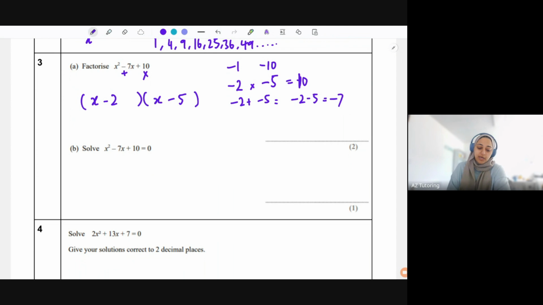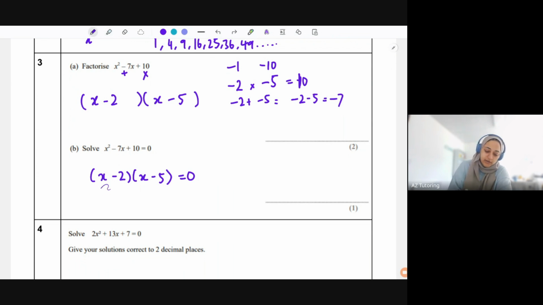And then part B just says solve this. In other words, we get our factorized equation and we make that equal to 0. What this is basically saying is a number times a number gives me 0. The only way you can get 0 is that one of these numbers has to be 0, because 0 times something gives you 0.